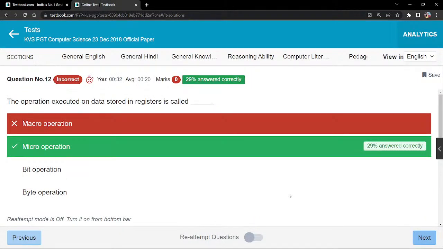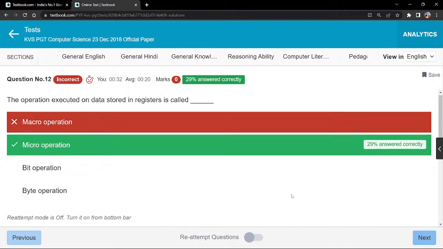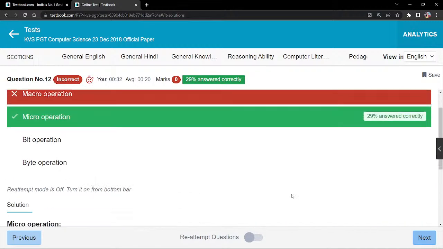Micro operation: the operation executed on data stored in a register is called a micro operation.